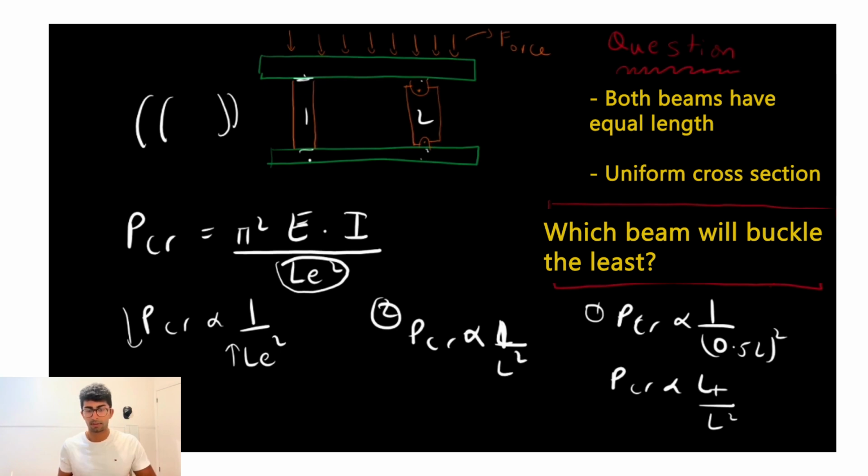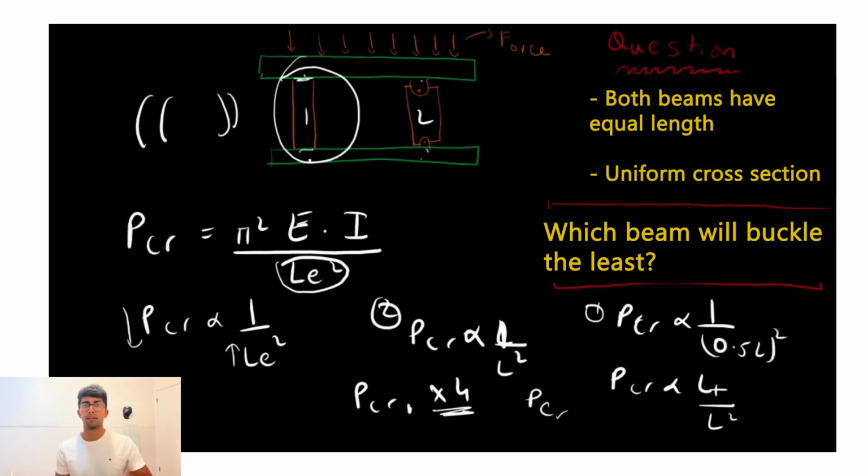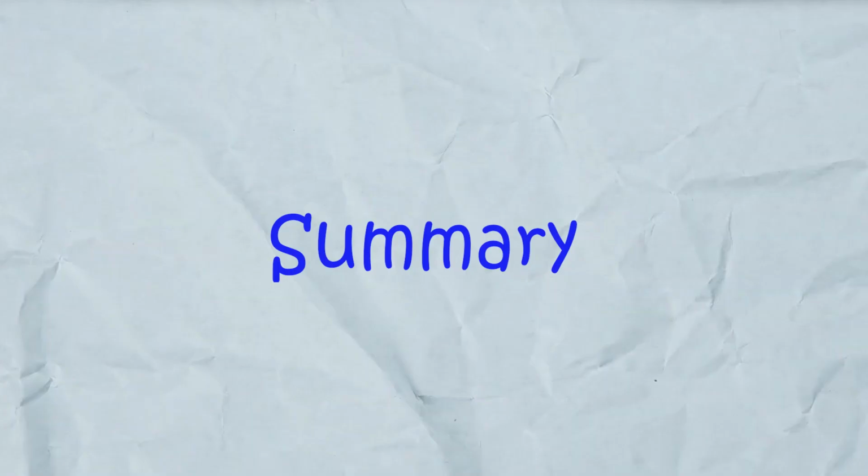If you compare both PCR values, the critical buckling load of beam 1 is 4 times as resistive to the buckling load as beam 2 is. Therefore, beam 1 is stronger and has a higher buckling load than beam 2. So your answer will be number 1, and that's how you answer this question.